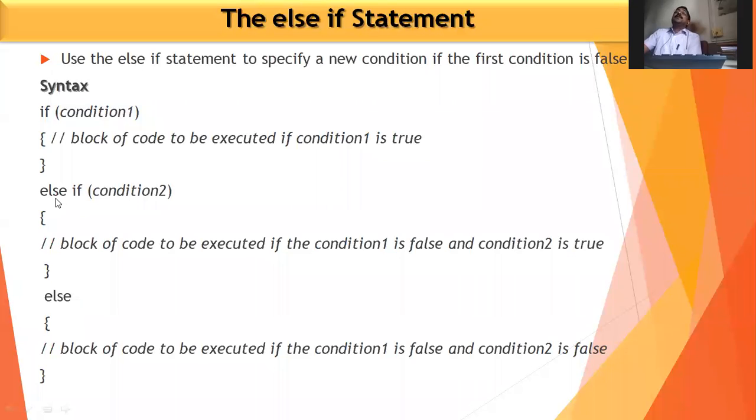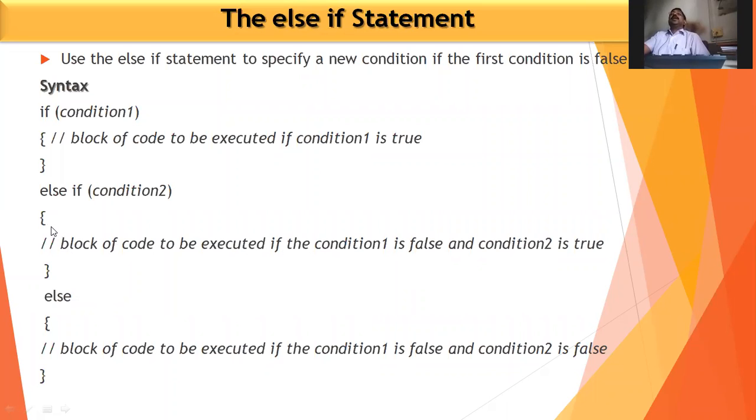Also, after the else, condition 1 is false, and after the else if this condition is true. So the first condition is false, the second condition is true, then this particular block of code will be executed, where condition 1 is false and condition 2 is true.